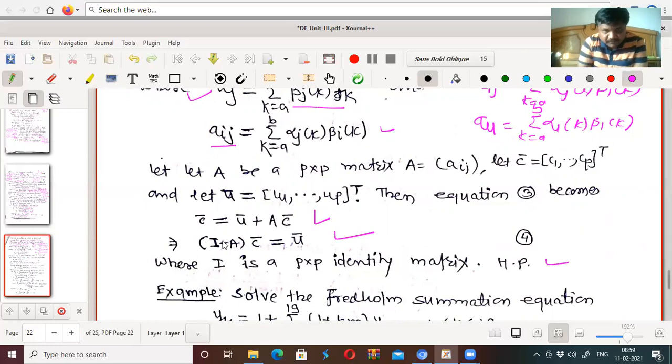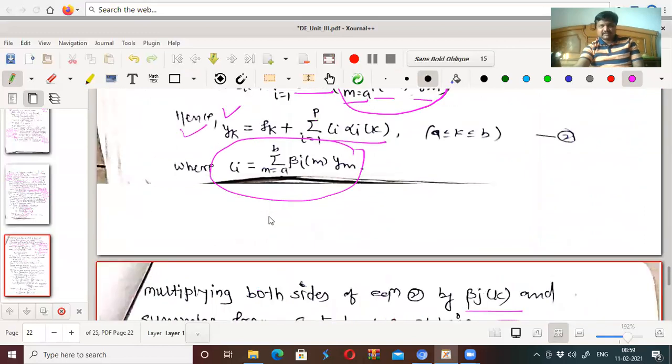So what we proved: if C bar is the solution, such that C1 up to Cp transpose, and A is given by this matrix, then it satisfies I minus A C bar equal to U bar. So if C bar is the solution, then that C bar satisfies this equation, and therefore the result is true. What result is there?